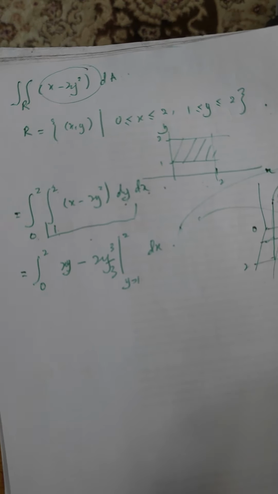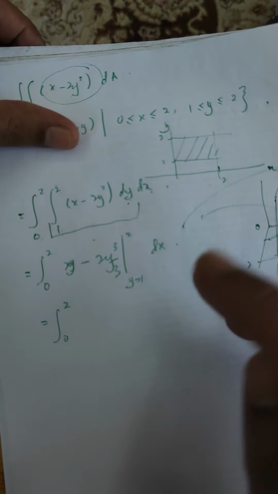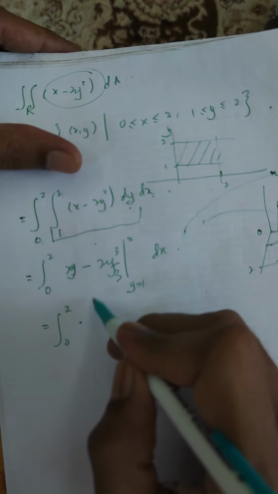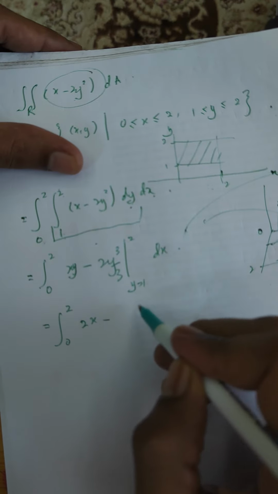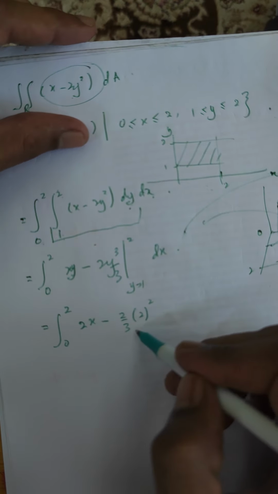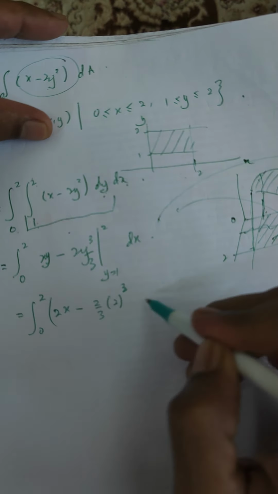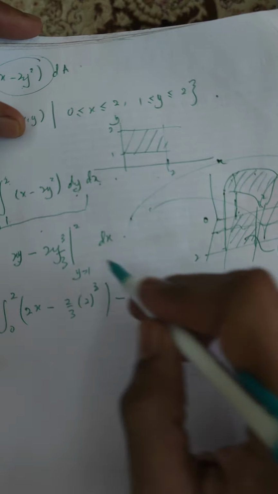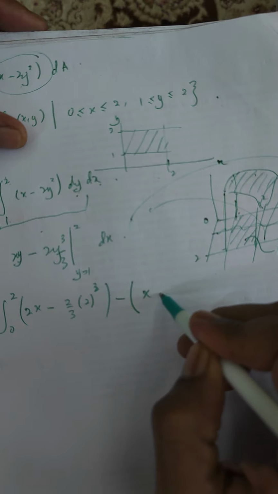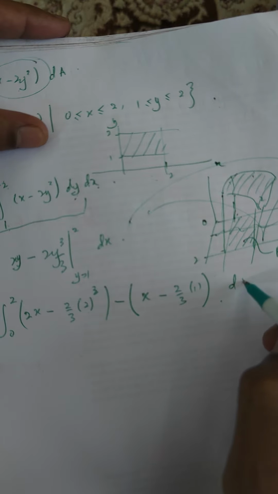Just substitute y, so we have 2x minus 2 over 3 times 2 cubed, minus x minus 2 over 3 times 1, dx.